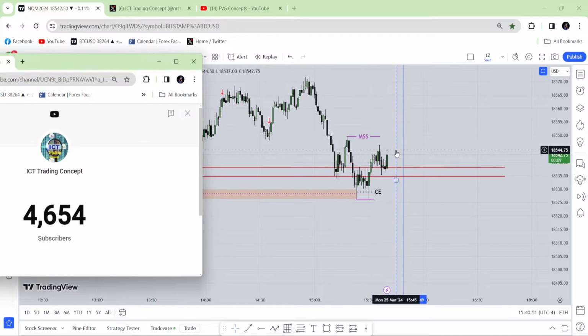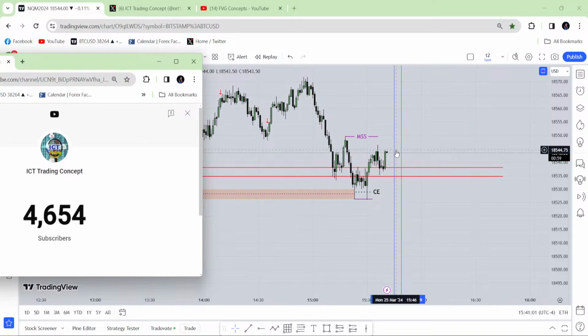No entry is valid after 3:45. Oh man. If 15:31 is a valid fair value gap after MSS, where's 31?